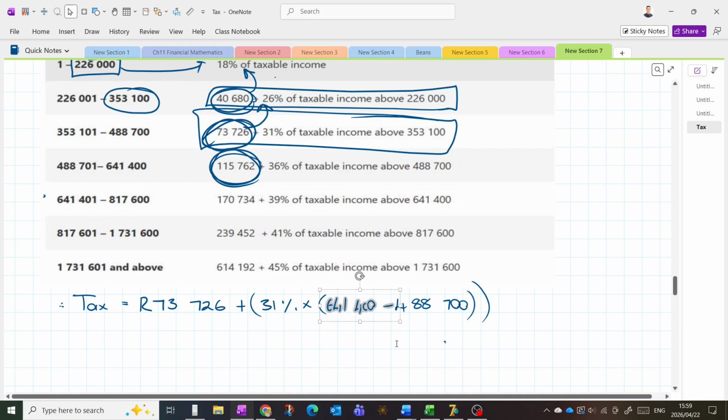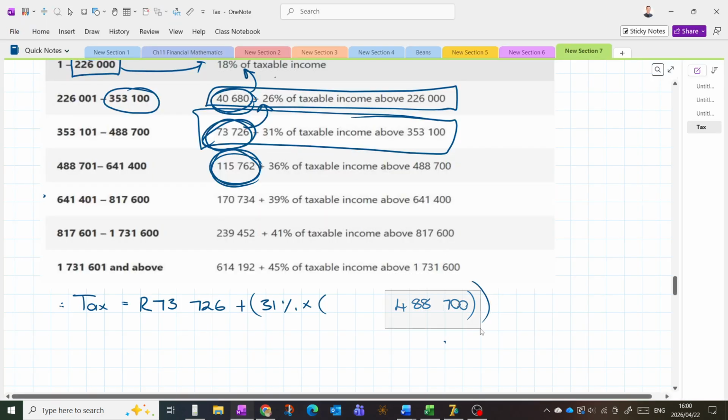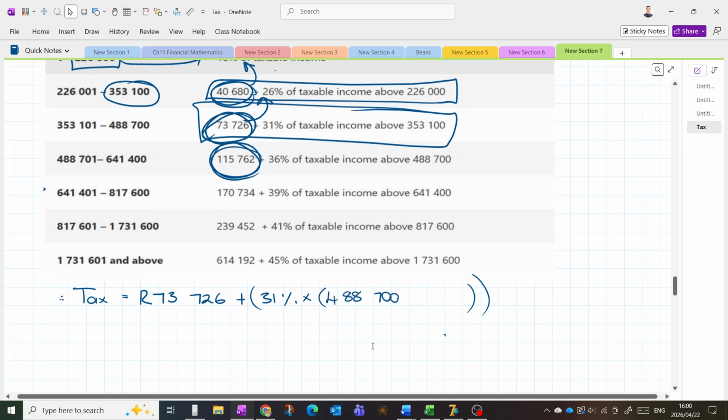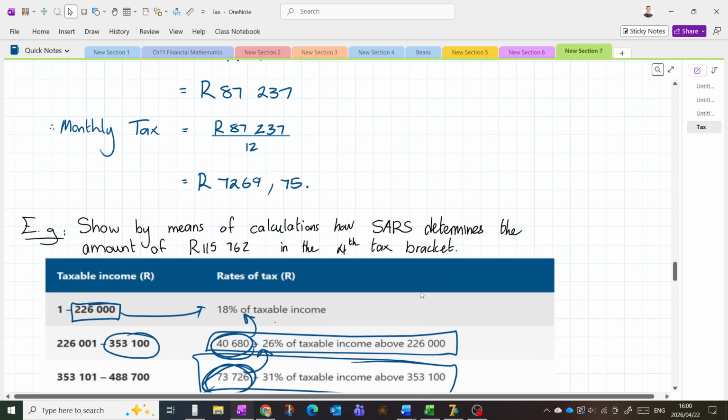This needs to change. This moves. No, wrong place. Wrong place as well. Here we go. This needs to go here. And we are subtracting the 353,100. And that's going to give us the total of 115,762. You can see I haven't done this in forever.